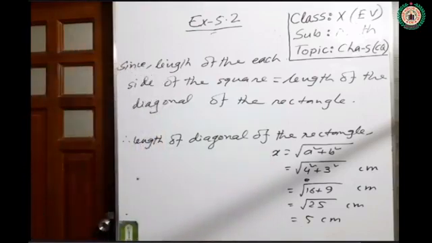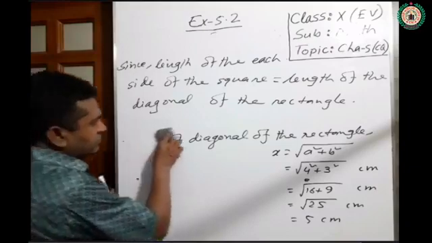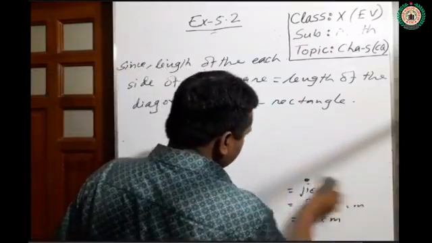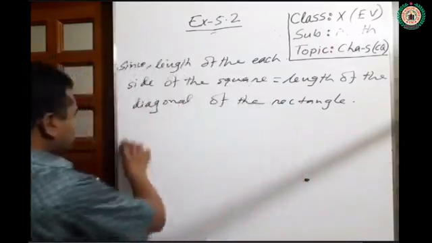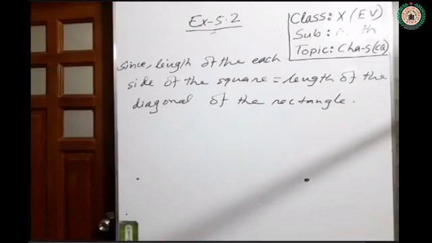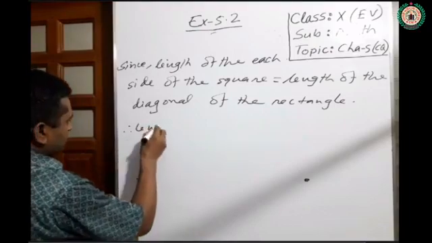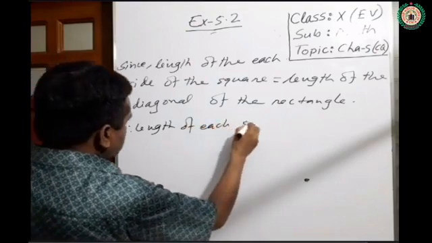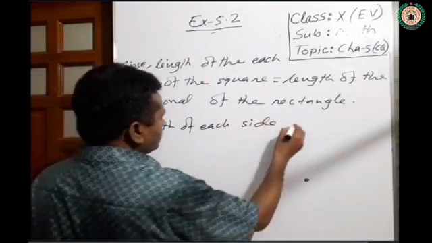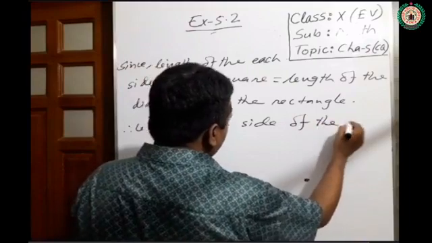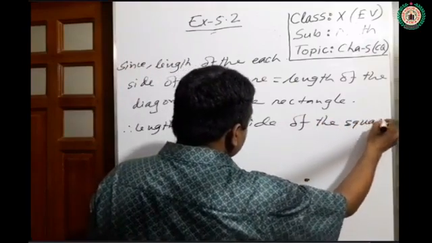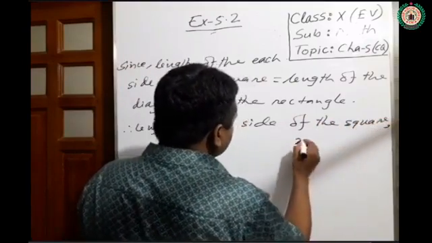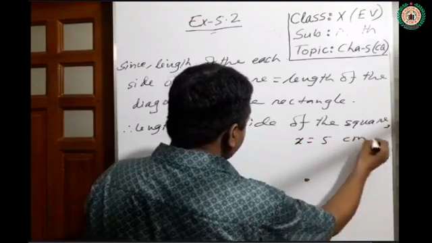That's why you can say therefore length of each side of the square, x equal to 5 centimeter.